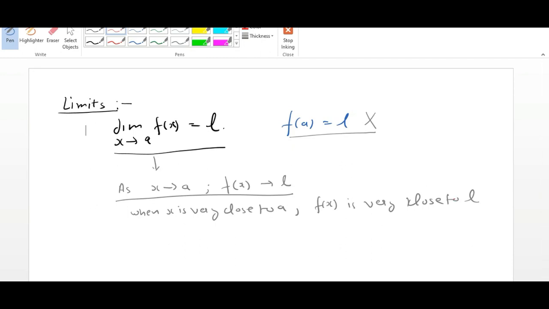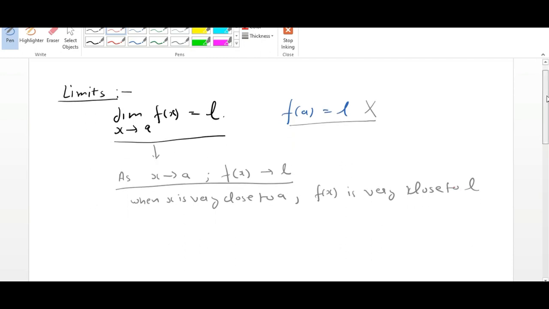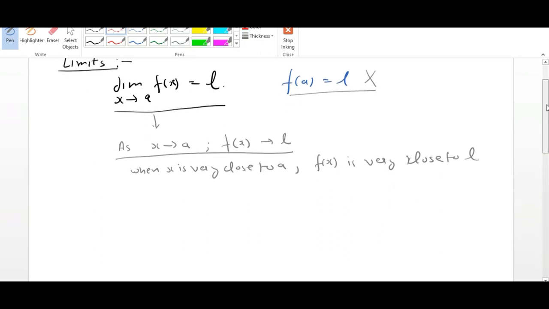Now let us try to write a proper definition of the limit of a function.